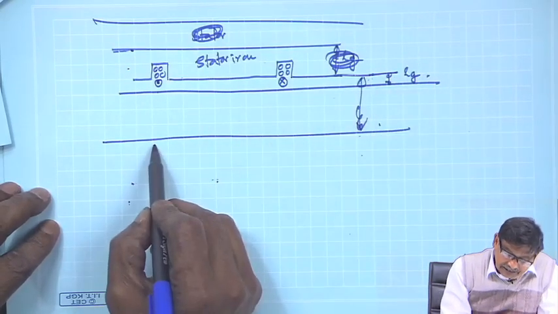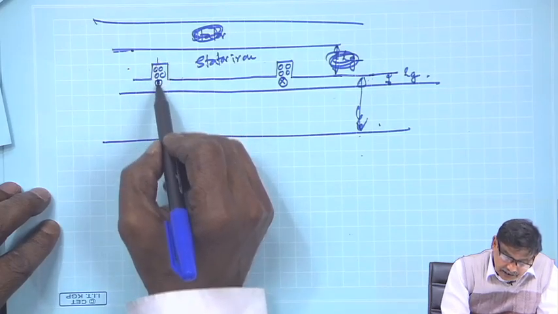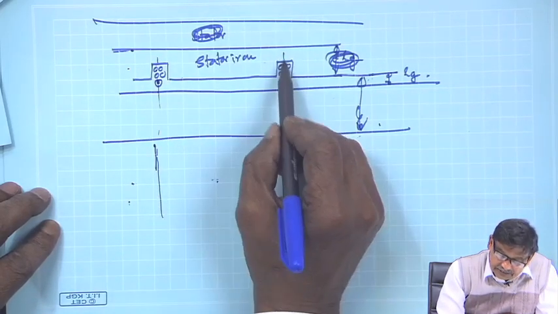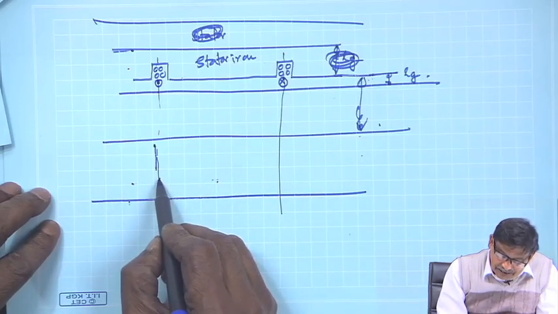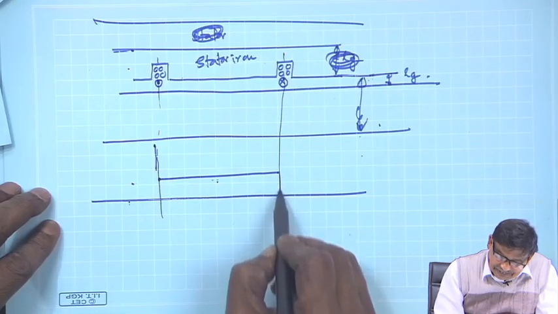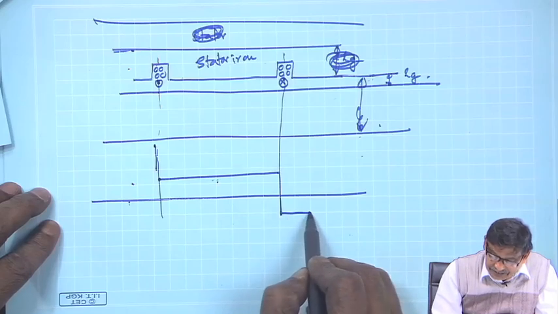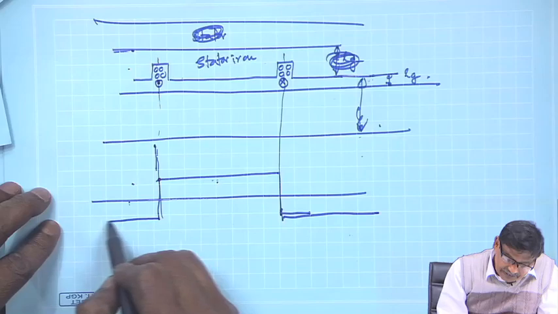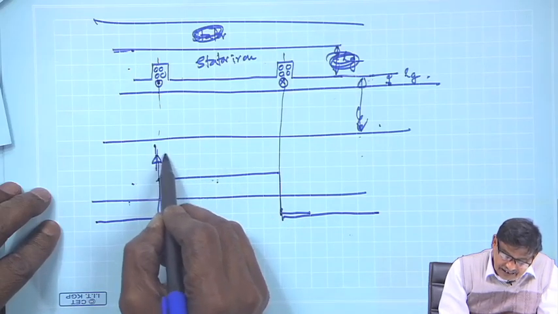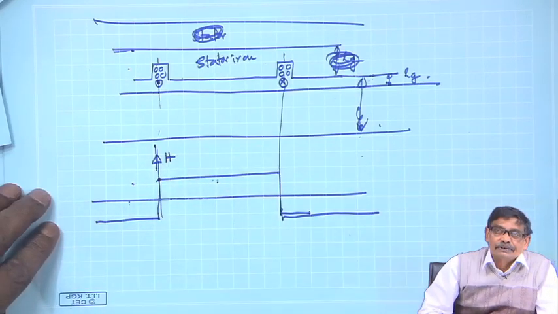Then what I am telling, the MMF distribution, draw a line at the center of the slot and it will be like this, rectangular shaped, and it repeats. This is the H distribution.